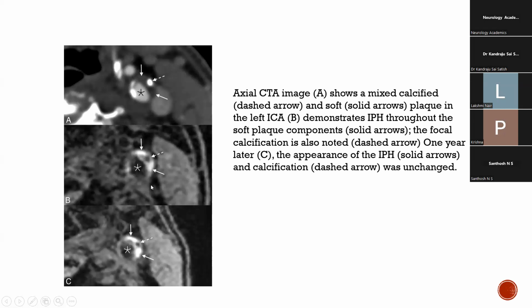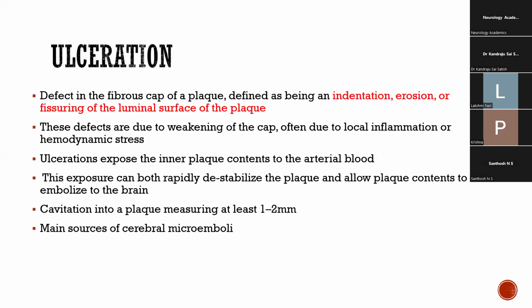In the MR, that is the T1 axial image, we can see that the calcification appears hypointense, and there is a T1 hyperintense signal. That is suggestive of an intraplaque hemorrhage. Image C is 1 year later after the best medical treatment, and the calcification as well as the intraplaque hemorrhage appear the same.